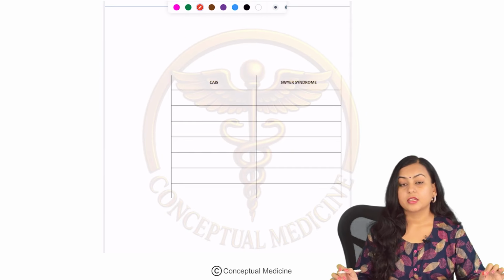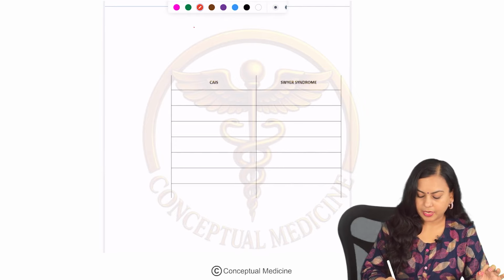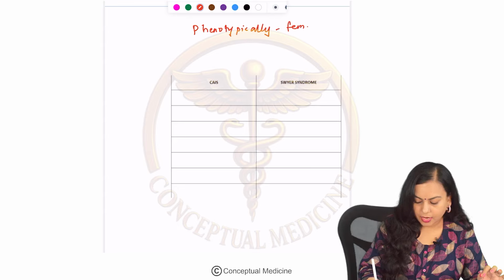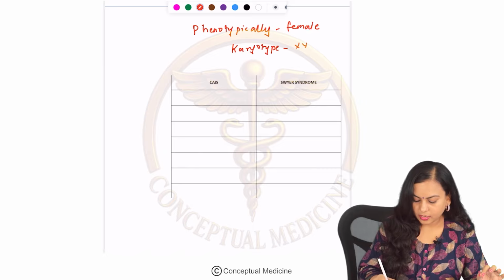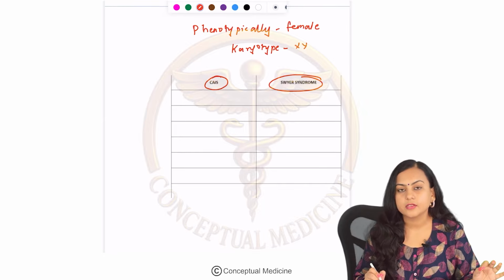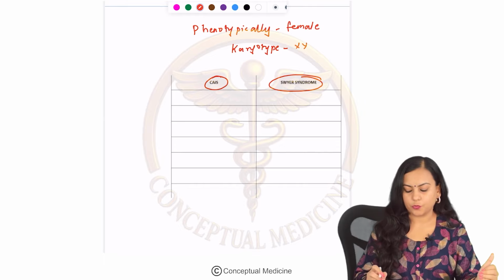Right? Now when they are phenotypically female and the karyotype is showing you XY, you have to consider two syndromes, complete androgen insensitivity syndrome and Swyer syndrome, right?